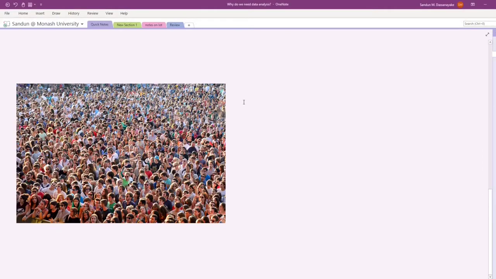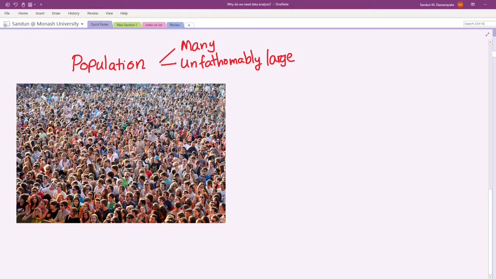To understand statistics, we need to understand the frequentist perspective first. In the frequentist perspective, we have something called a population. A population is a large set of data, or it contains observations that are unfathomably large. For instance, you can talk about the human population.